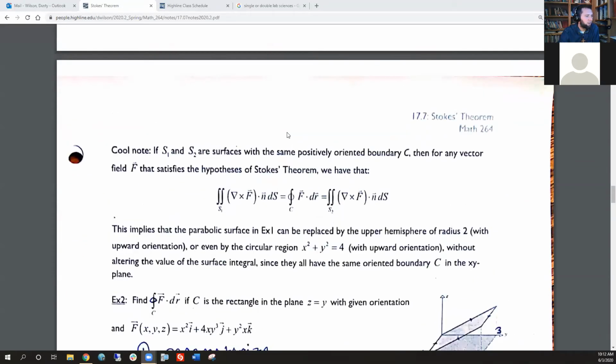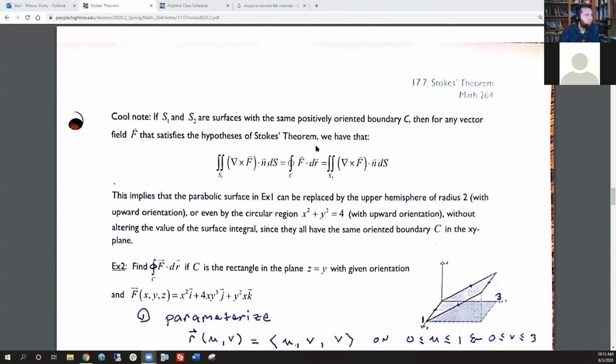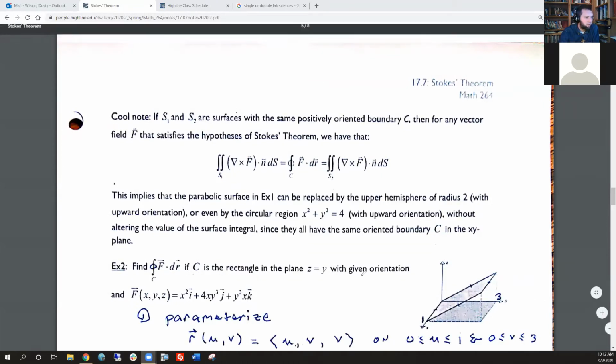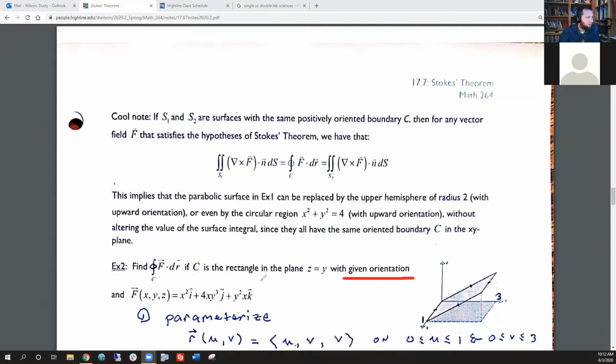Right here. In this particular case, notice it says with given orientation, and the orientation, notice in this case, is around a line integral, and the flow is this direction.